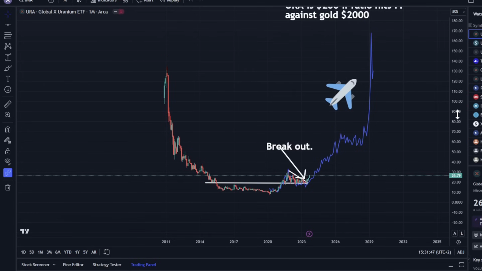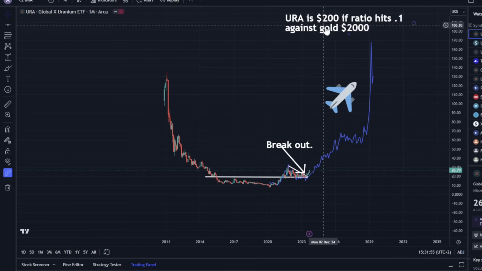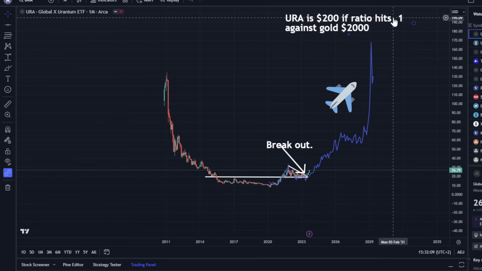Scrolling in, we're going to go on up. The first one that hits is URA at $200 if the ratio hits 0.1 against gold at 2000. So this is a pretty conservative estimate from the stance of where gold sits, because gold is basically at 2000. And 0.1 is the ratio that it was last bull market.